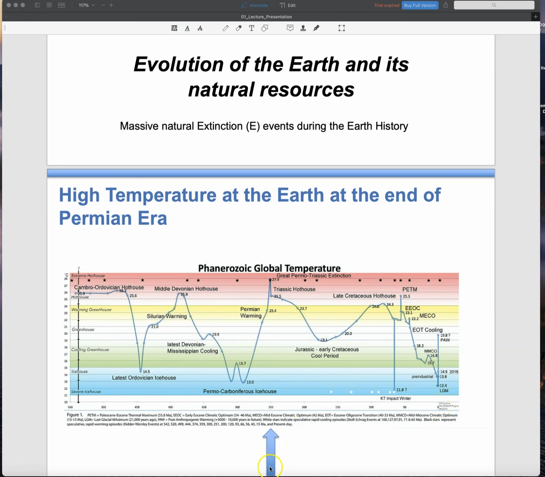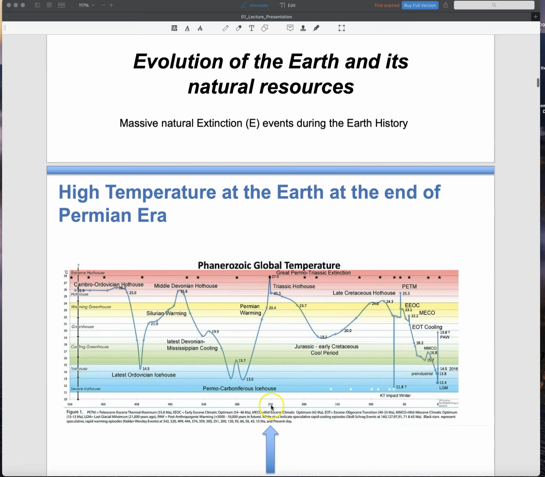So in here, as I mark with this arrow, this is 250 million years ago, and this was one of the massive extinctions in the Earth, in which 95% of the marine life was wiped out from the Earth.